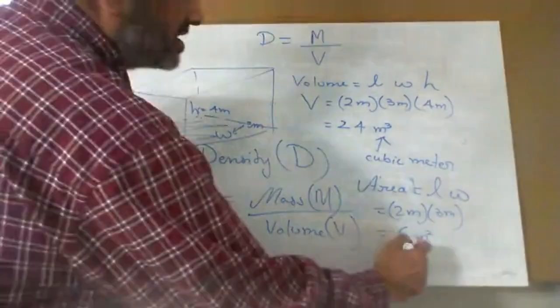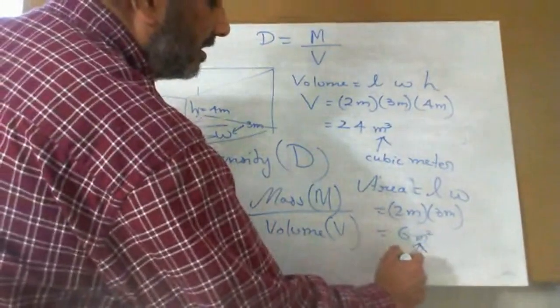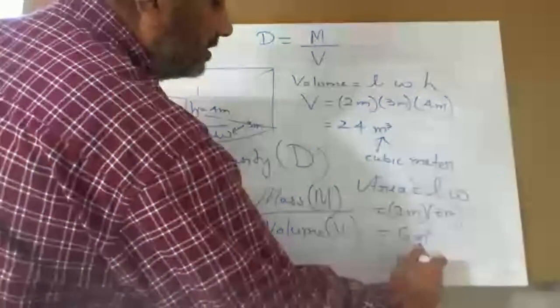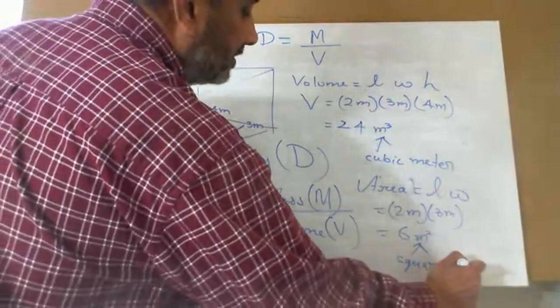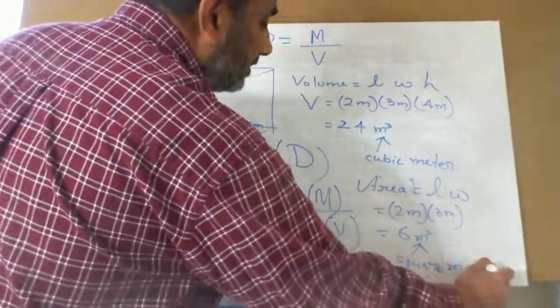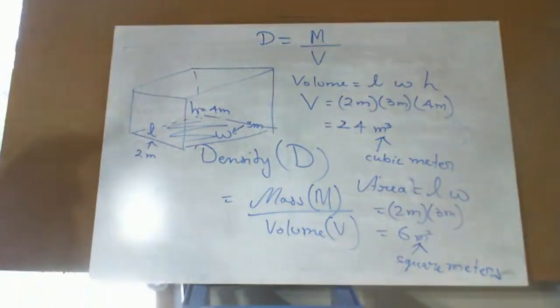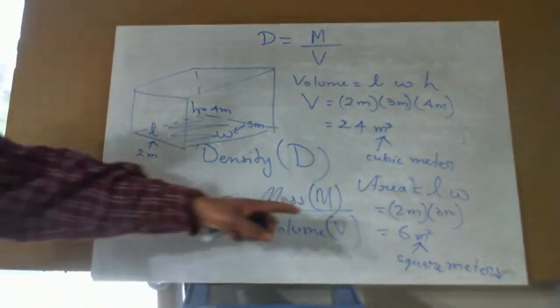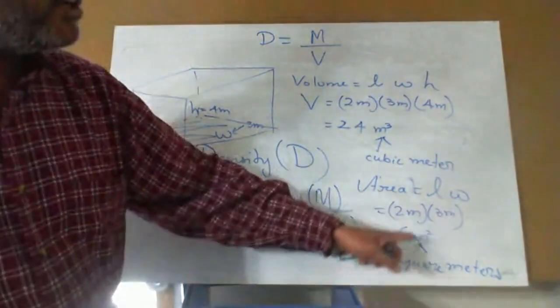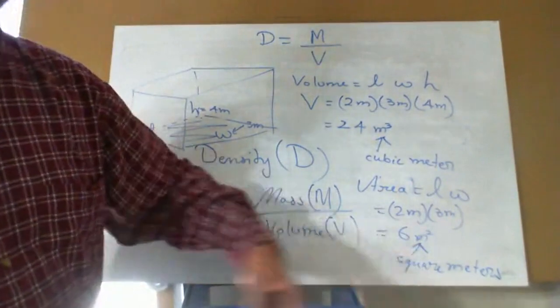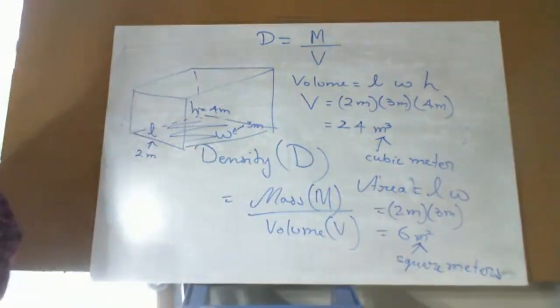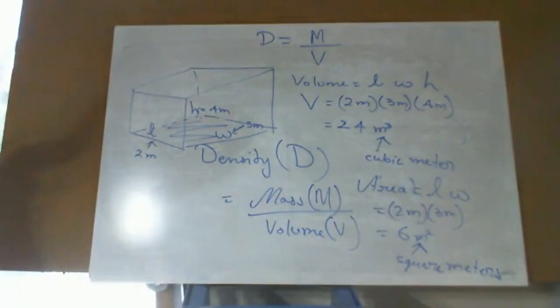We call this square meters. So that would be the area. If it was feet, 2 feet by 3 feet, it would be 6 square feet. All right? So this would be the area of the bottom. So that's how you measure volumes.